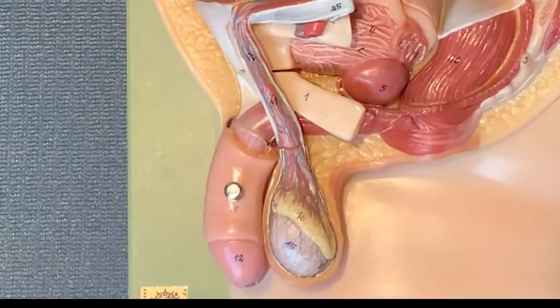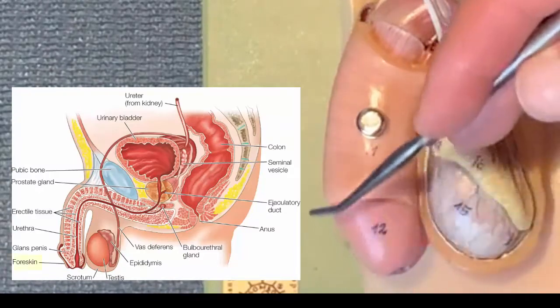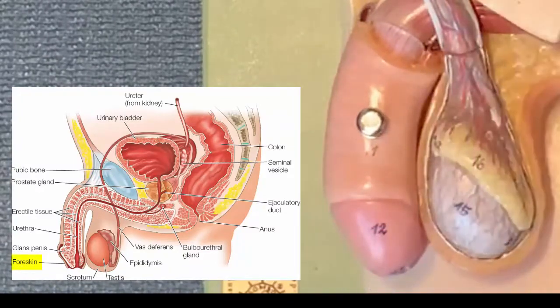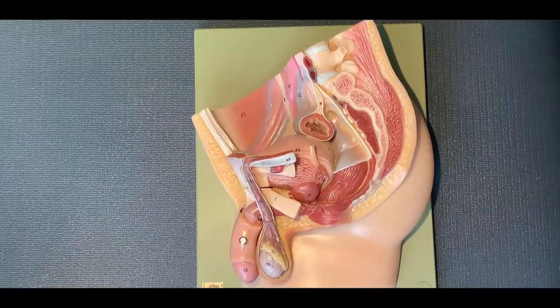The foreskin or the prepuce cannot be viewed on this model. The foreskin or prepuce would be a skin-like covering that covers the glans penis. That tissue is often removed for hygiene purposes.